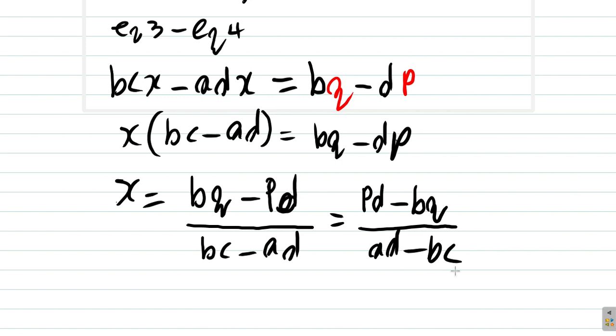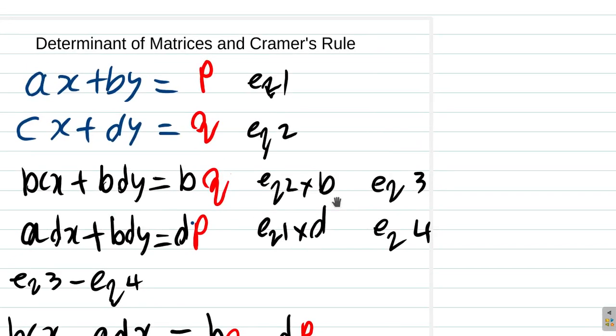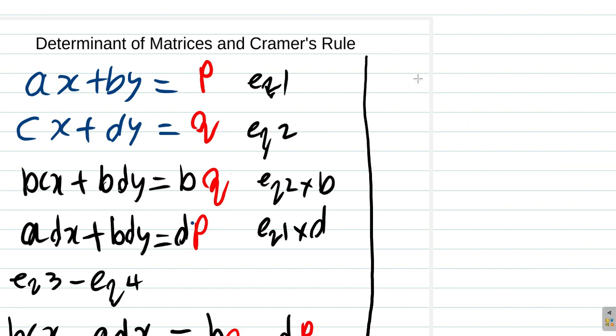Now, what would Y be? Suppose we eliminate x to find y. How do we do that? Let's multiply equation 1 by c.